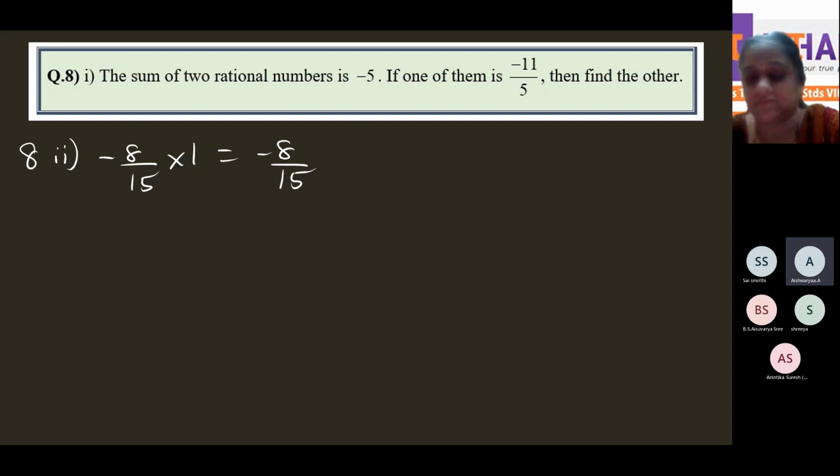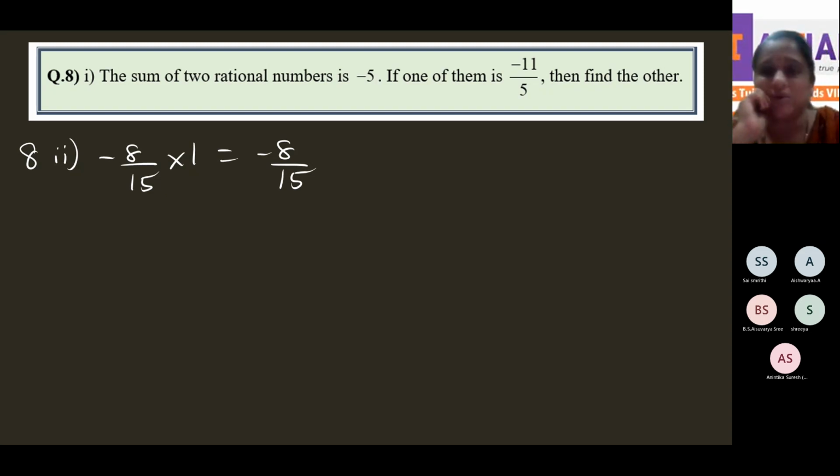Ma'am, additive identity. Where is addition there, Aishwarya? It's minus 2 by 3 into 0 is 0. It's multiplication. There is no addition there. Okay, maybe I've not stated a property like that in the class, so you can just say the property of 0.